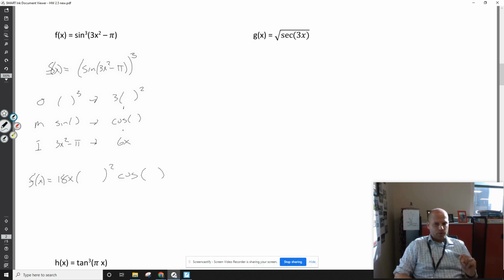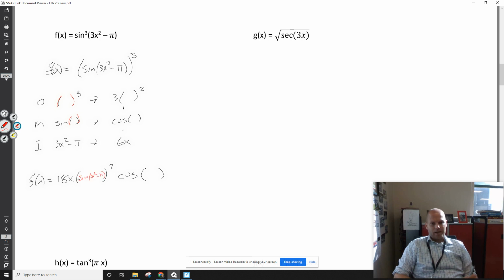Now here's what's important with this multiple chain rule with an O and an M and an I. It's whatever starts in this parentheses goes in that parentheses. And whatever starts in that parentheses goes in that parentheses. So like whatever started in the cubed was everything. Everything started in the cubed. The sine started in the cubed and the 3x squared minus pi.